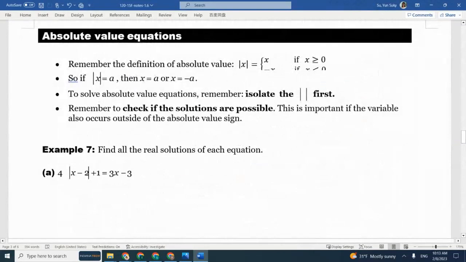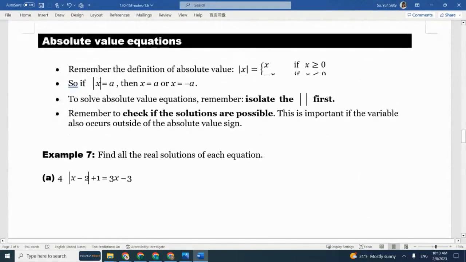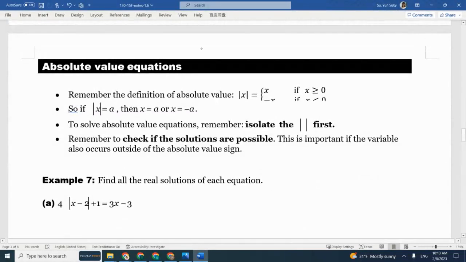Let's continue on the absolute value equation. All right. So remember the definition of the absolute value of x. So what is absolute value of x? We have the real number line, and that is the 0. And then x is right here.